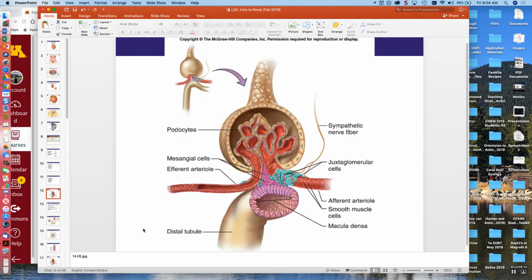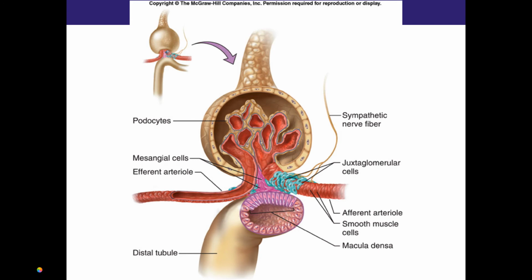All right, so this is a really good diagram; we've zoomed in on the glomerulus. It kind of sums up the structure. Here the afferent arteriole is on the right-hand side, bringing blood into the glomerulus.